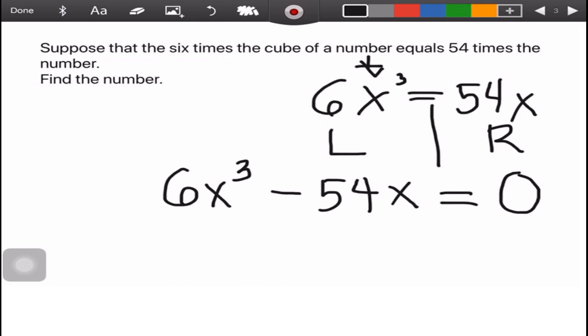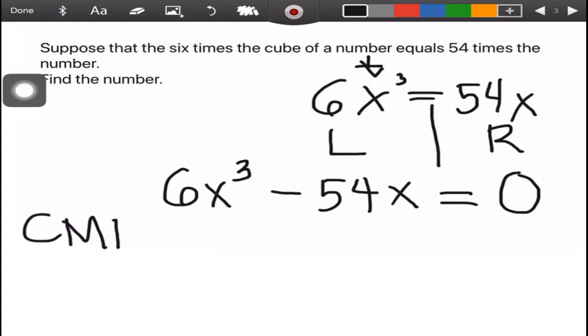So now we will solve 6x cubed minus 54x equals 0. First, we will use the CMF. What number can divide 6 and 54? That is 6. And then, which variable is the common factor of the two terms? x cubed or x? We will get x, since x has lower exponent than x cubed.